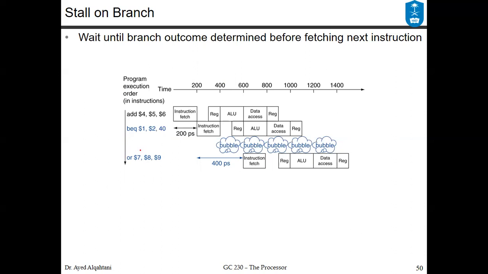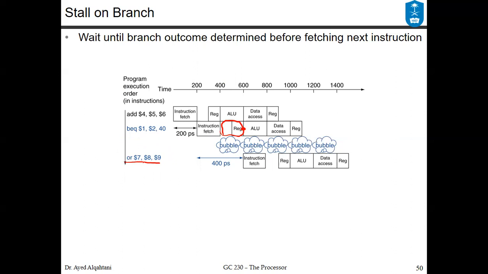So at this point here, we will assume that this is the correct instruction, but you are not sure unless you do the decode stage for the branch. So at the end of the decode stage, for sure, you know what is the next instruction.